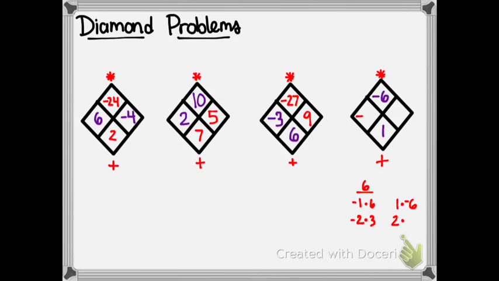Or I had the same pair here, but the 3 was negative instead of the 2. So let's see which set adds up to 1. Does -1 plus 6 add up to 1? Nope. How about -2 plus 3? Ooh, that one will work. So that tells me that that's my pair: -2 and 3.